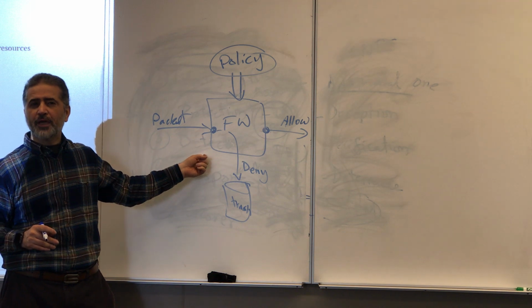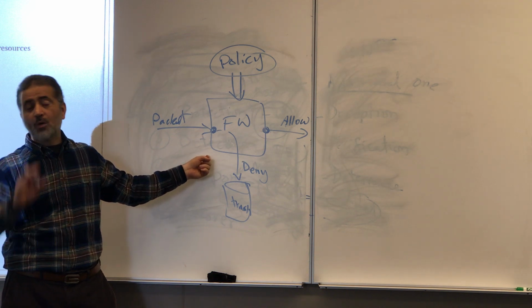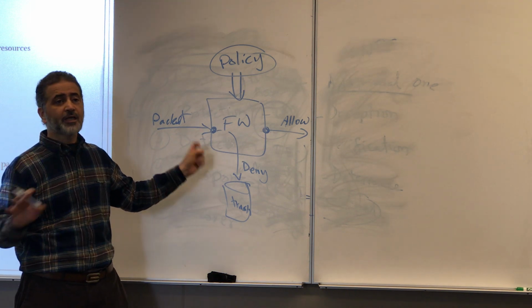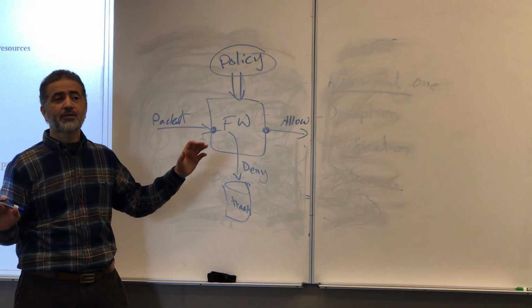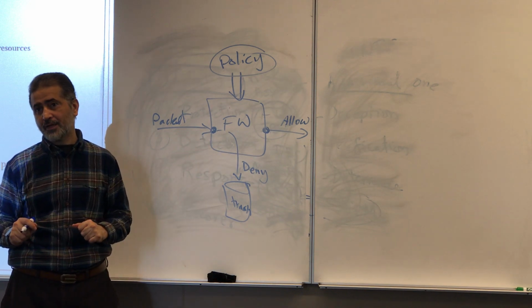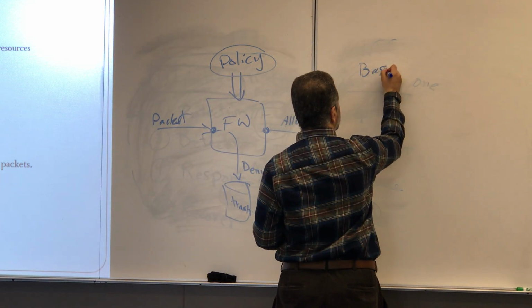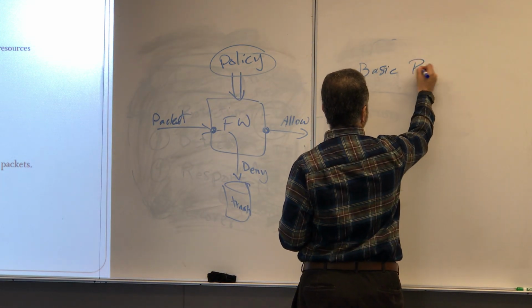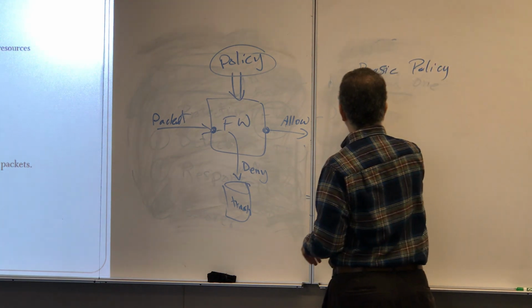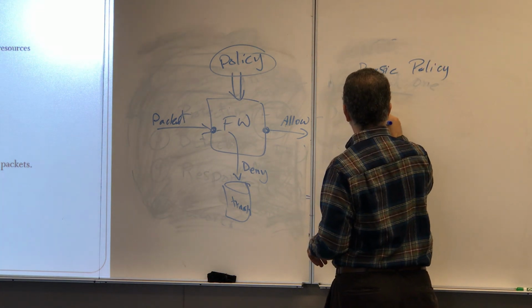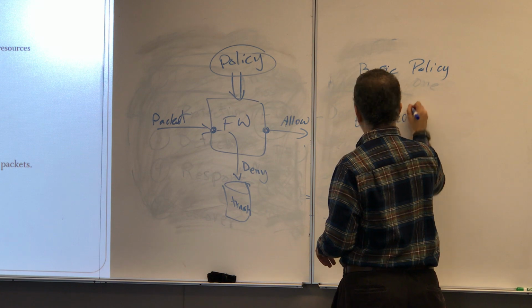So what headers do they look at? They look at all kinds of headers. Anything called a header, the firewall can look at it. But there are two kinds of firewall policy: a basic policy and an extended policy, at least from the Cisco perspective.